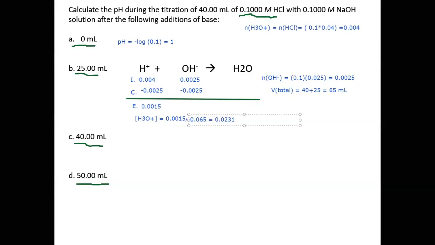And that's the new concentration of acid. Then we take the negative log. So pH equals negative log of 0.0231, which is 1.64. So we went from a pH of 1 to a pH of 1.64. Again, H plus is the same thing as hydronium ion.